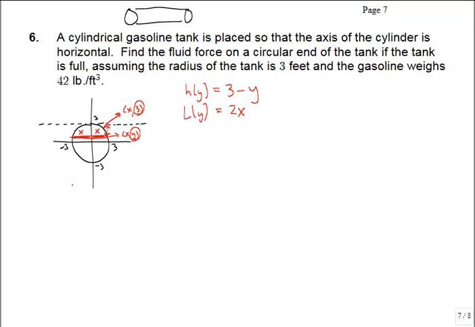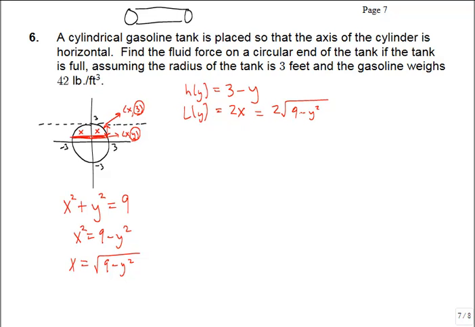Well, it's going to be the equation of our circle, which is, in this case, by the way I set it up, a circle centered at the origin, so x squared plus y squared equals 9, since the radius is 3. So if I solve this for x, take the positive square root only, because we're using a positive distance for our x value here, then this becomes 2 times the square root of 9 minus y squared.